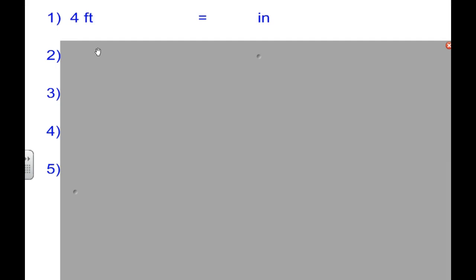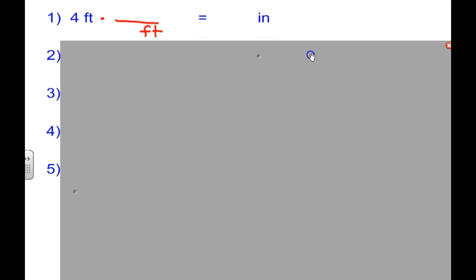Conversion factors are fractions. And we are trying to get rid of feet. So where will the feet go in the conversion factor? Numerator or denominator? Right, we're going to put the feet down here. And what kind of units are we trying to get to? Inches. So where does that go in our factor?